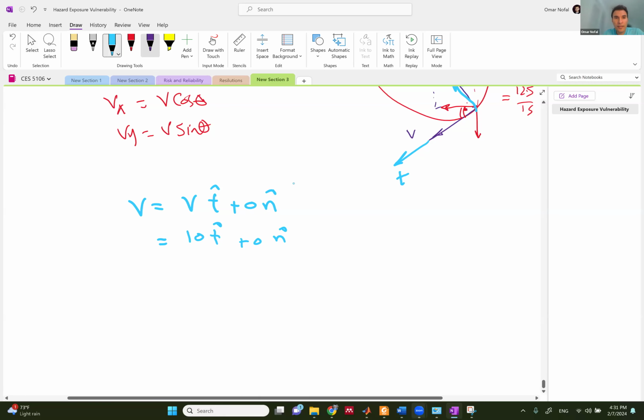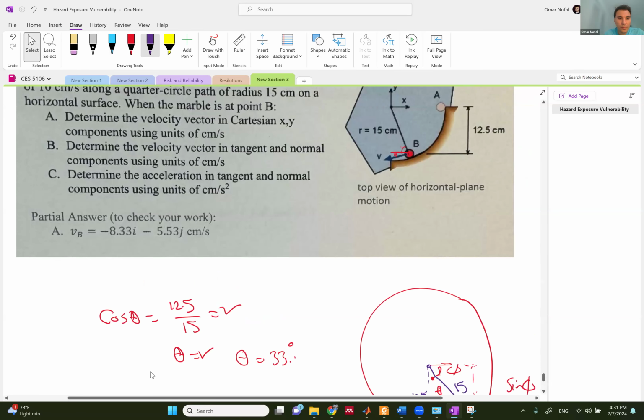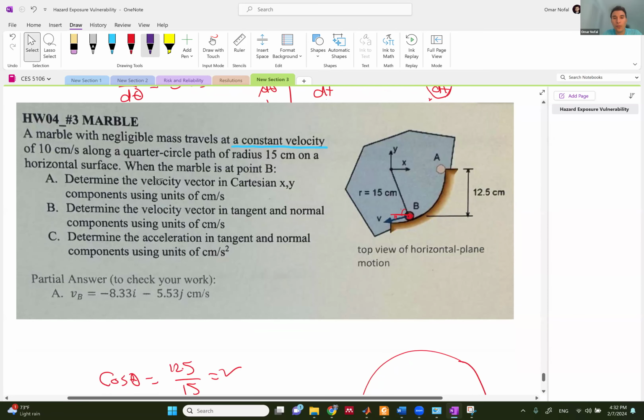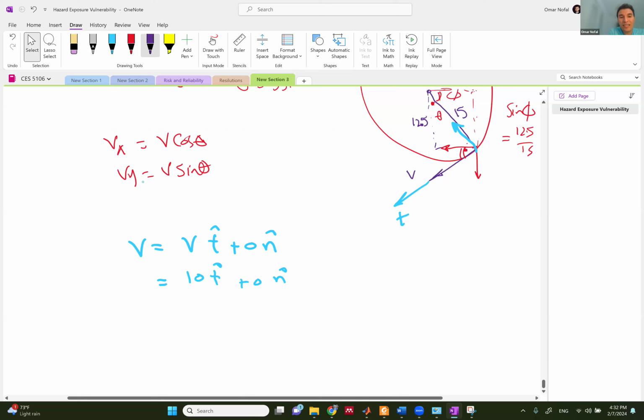I believe the last requirement is determine the acceleration in tangent and normal components. I give you in the problem here that it travels at a constant velocity. Once I say constant velocity, that means the body is not accelerating or decelerating. So that means that A tangent, which is equal to dv dt, and I know that v is constant, so A tangent is 0.